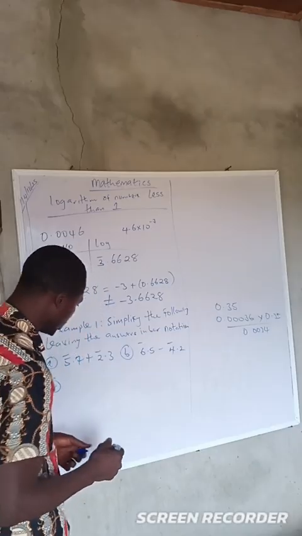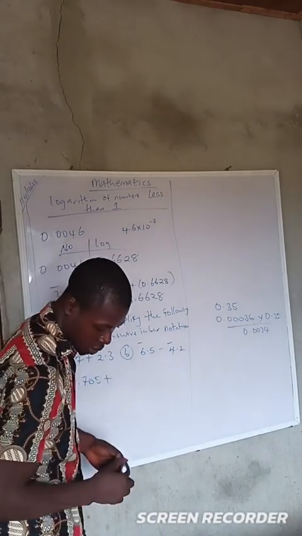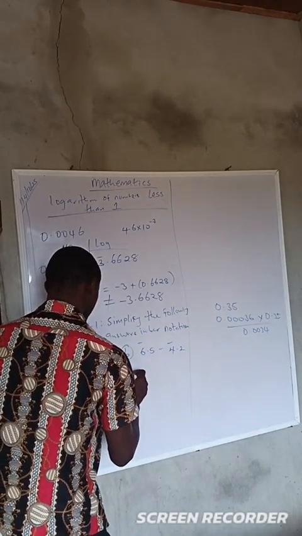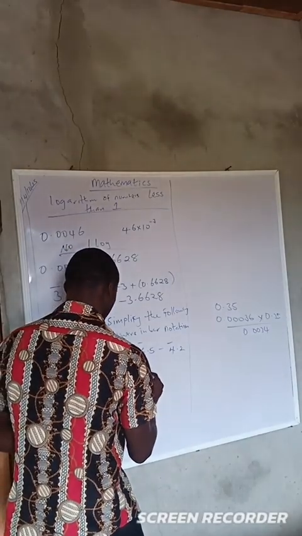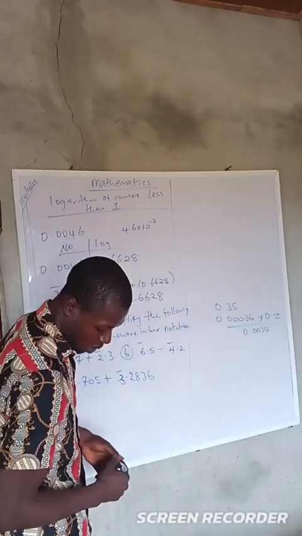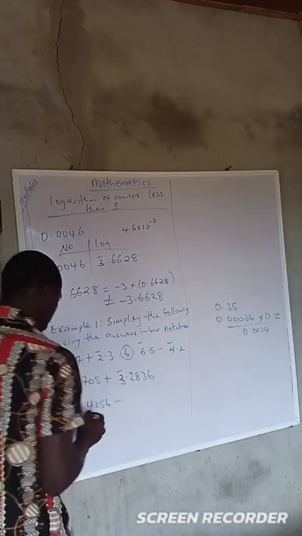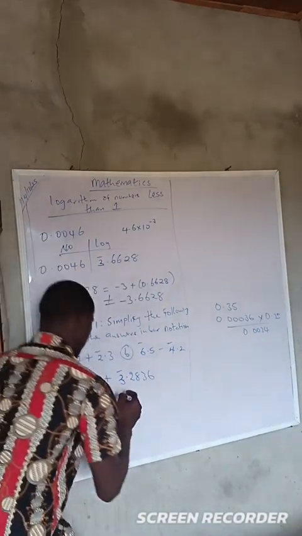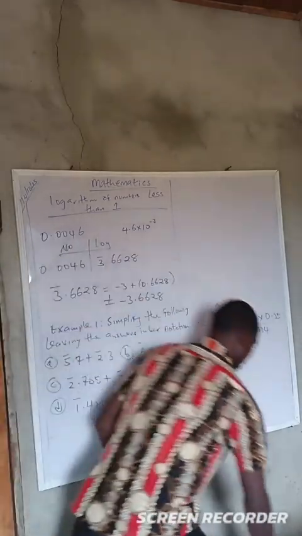Bar 2.705 plus bar 3.28, bar 3.2836. And then D, let's have bar 1.4256 minus bar 5.769. Okay, let's take the solution to this.